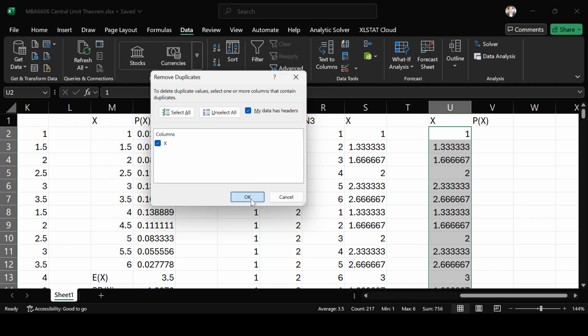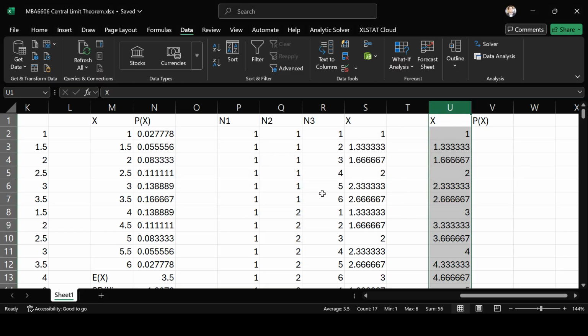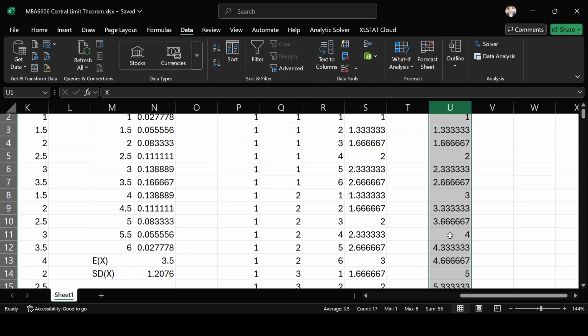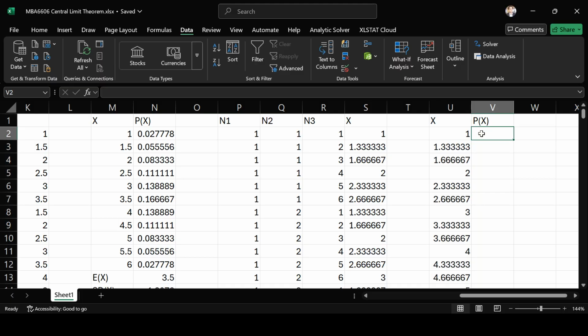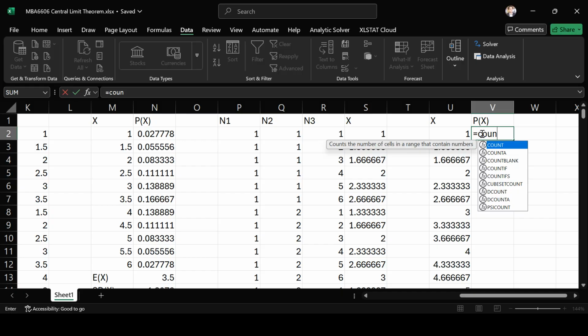So we are left with 17 values between 1 and 6, and let's do the countif.